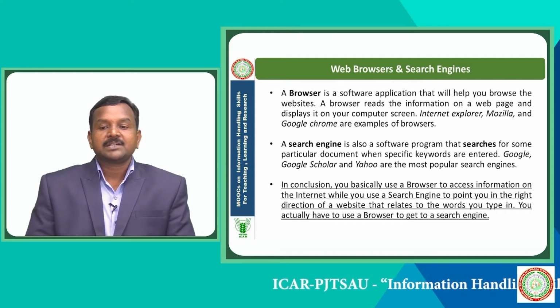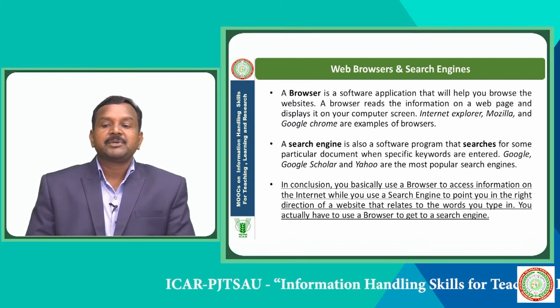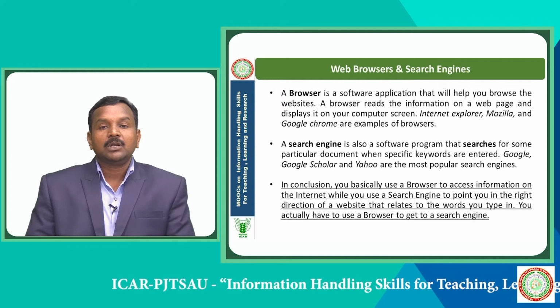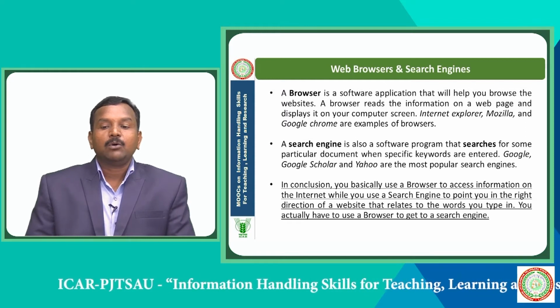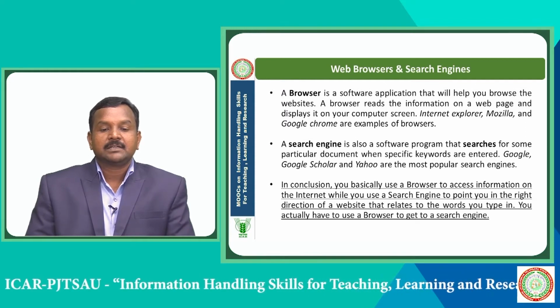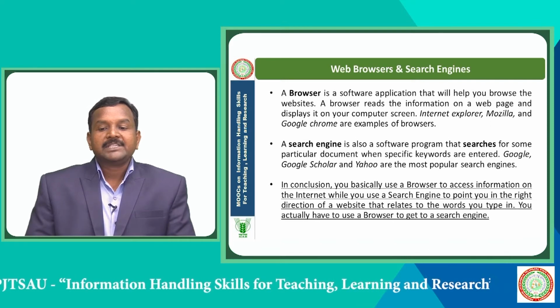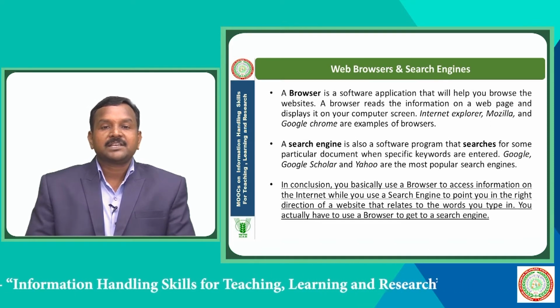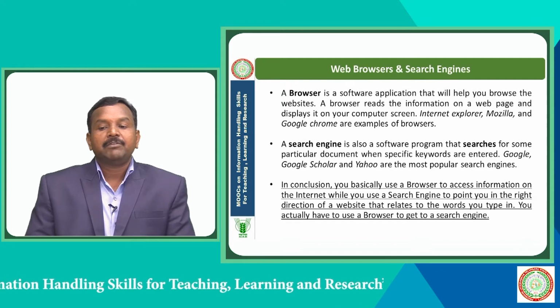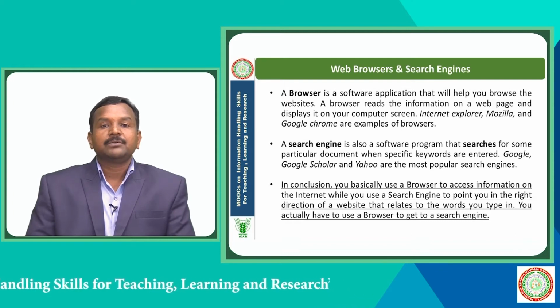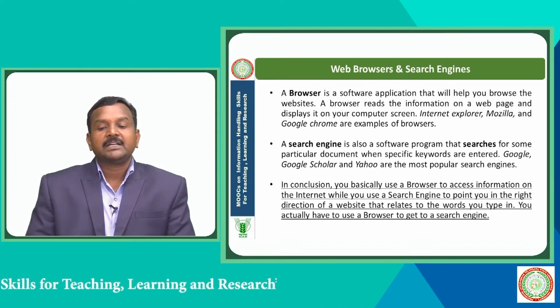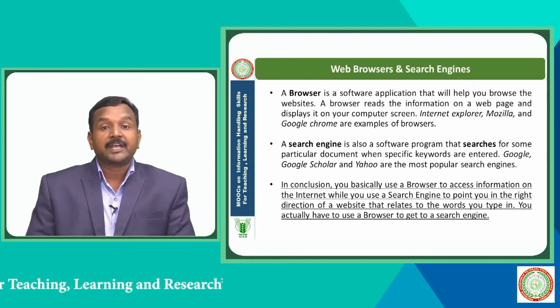A search engine is also a software program that searches for a particular document when specific keywords are entered. Google, Google Scholar and Yahoo are the most popular search engines. In conclusion, we use a browser to access information on the internet, while we use a search engine to point us in the right direction of a website that relates to the words we type in.